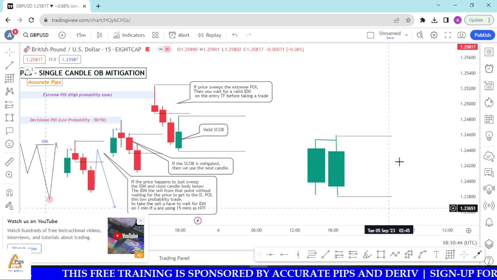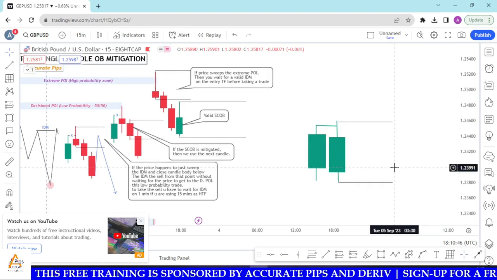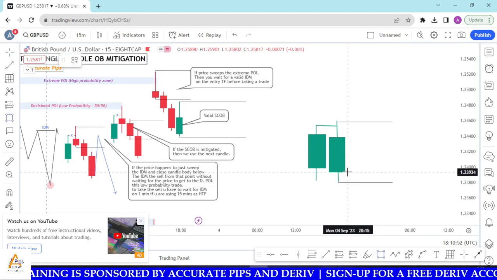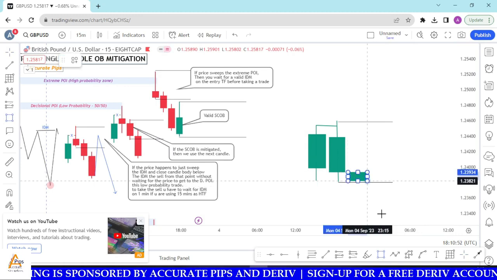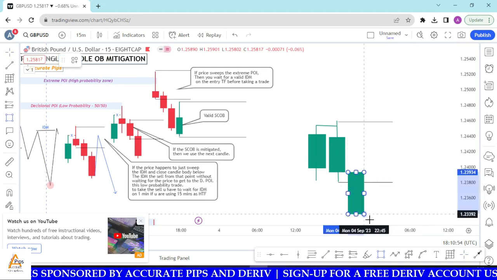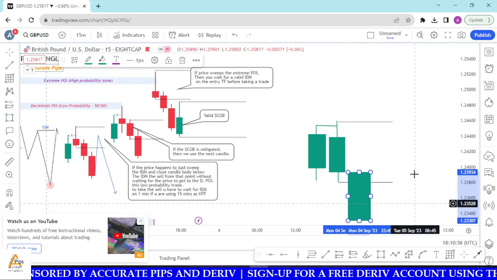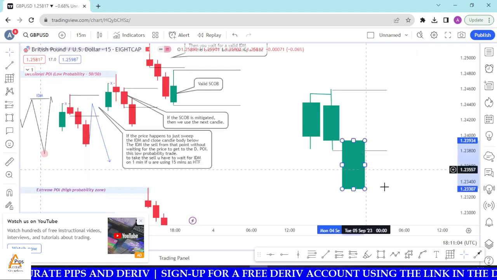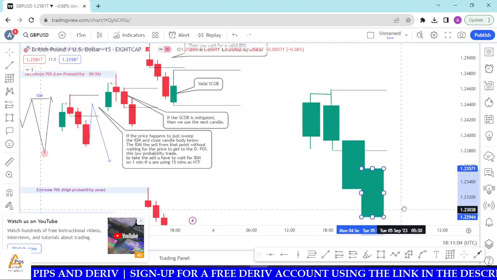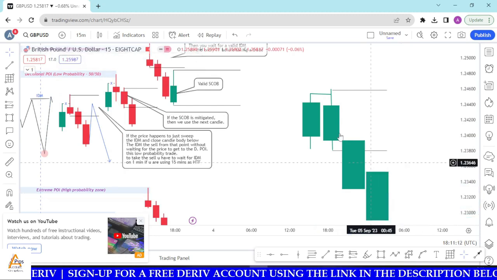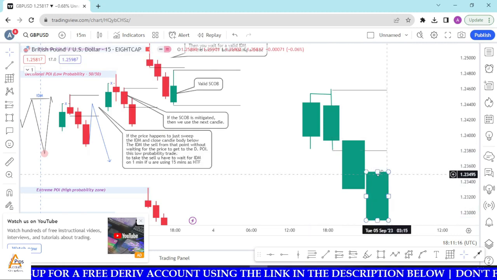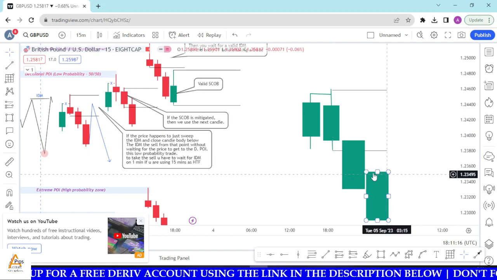So all you need to do, but remember, you have to follow all the other rules that we looked at, that is imbalance. Let's say the next candle opens this way, and then we have a third candle like this, and we have the gap between the low of this single candle and the high of this third candle.